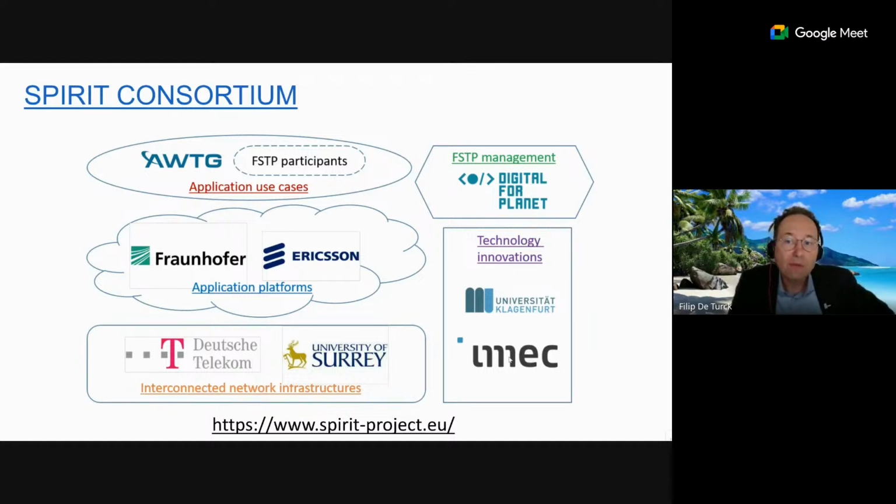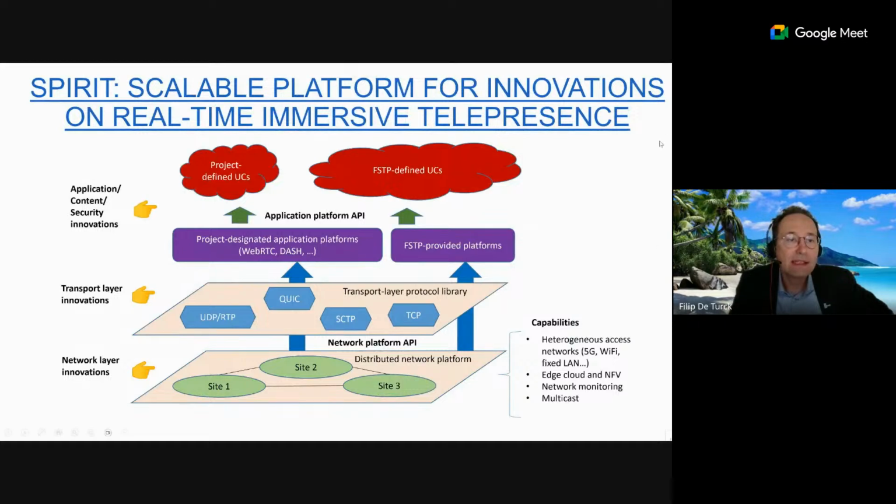And the aim of Spirit, as listed here, is to build a scalable platform for innovations on real-time immersive telepresence. So the telepresence that I explained through holograms that are shown close to you, and to allow for conference use cases. This is really the aim of the project, to build demonstrators and innovations on top of this.